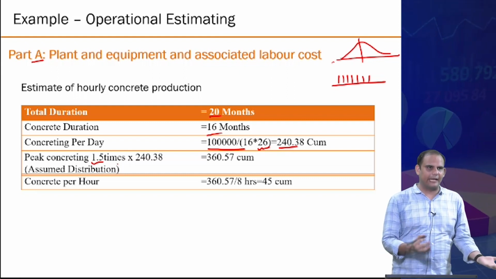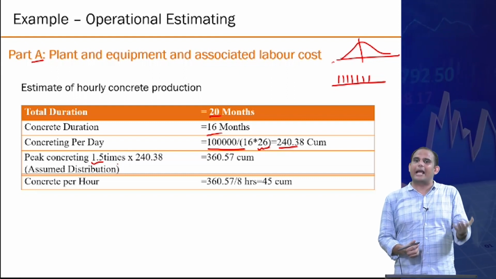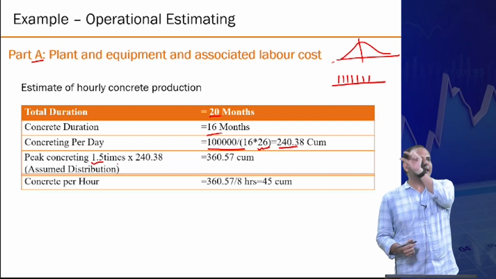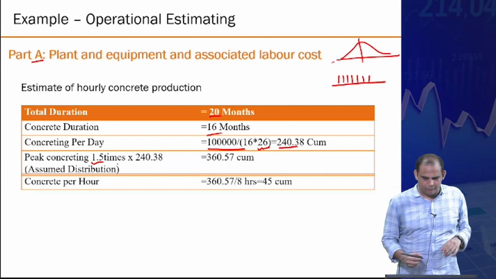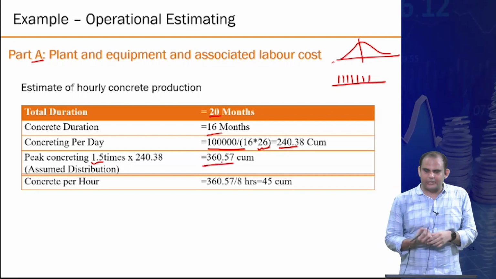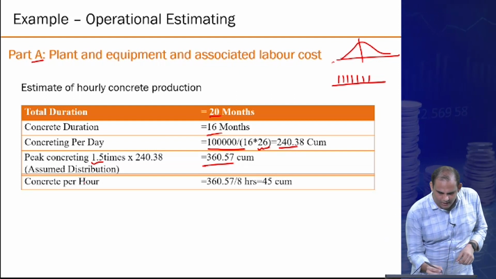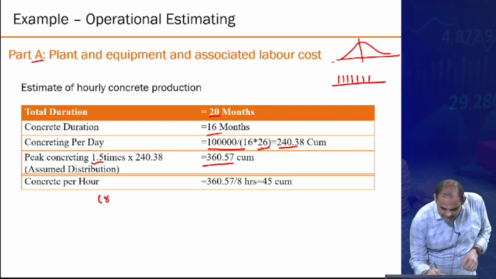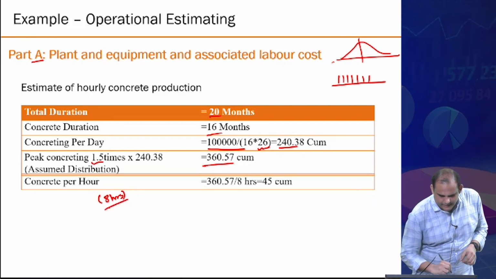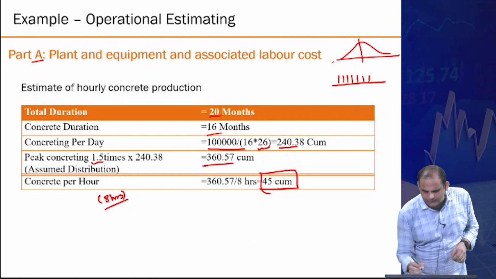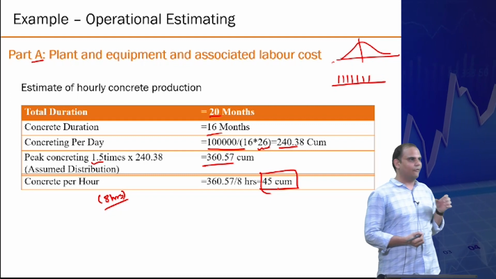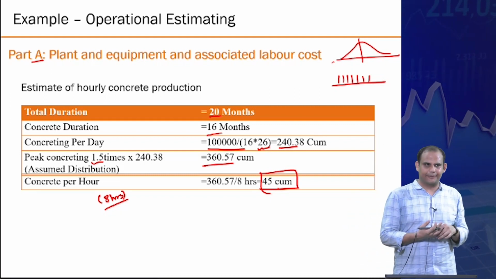You could also estimate based on the actual schedule. You know the concreting activity. In this case, I am just assuming a factor of 1.5. So that's about 360 cubic meters in a day. Now, assuming the number of hours in a day is 8, you are dealing with a capacity of 45 cubic meters per hour.